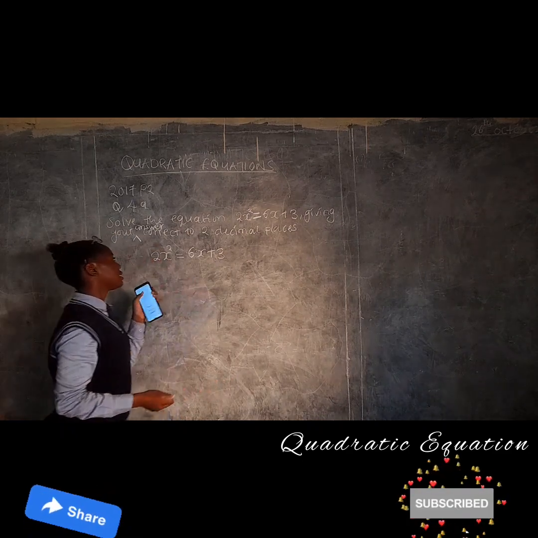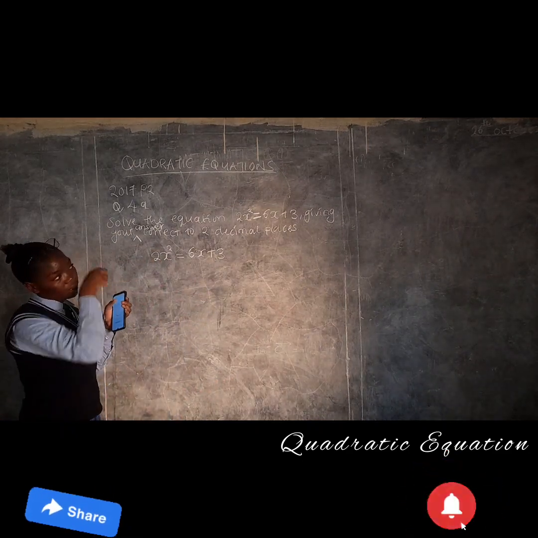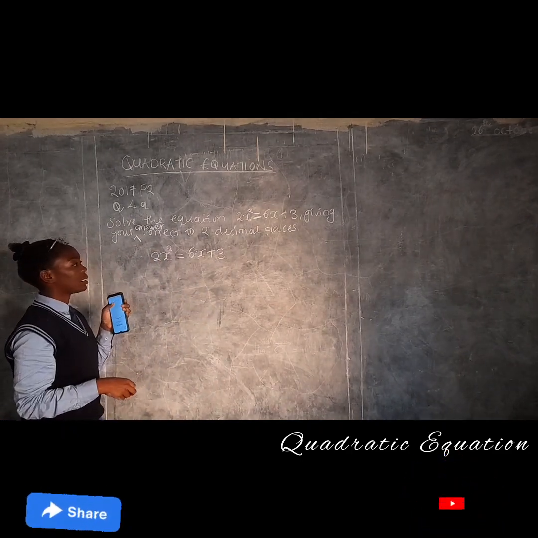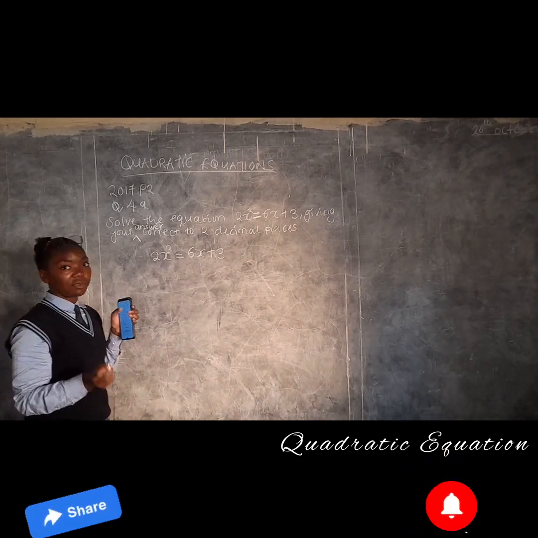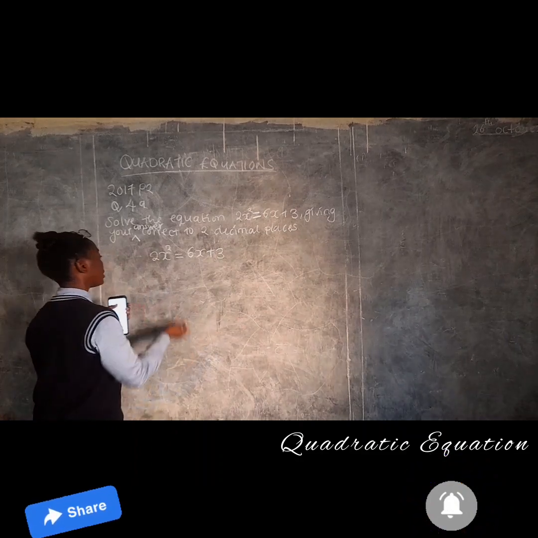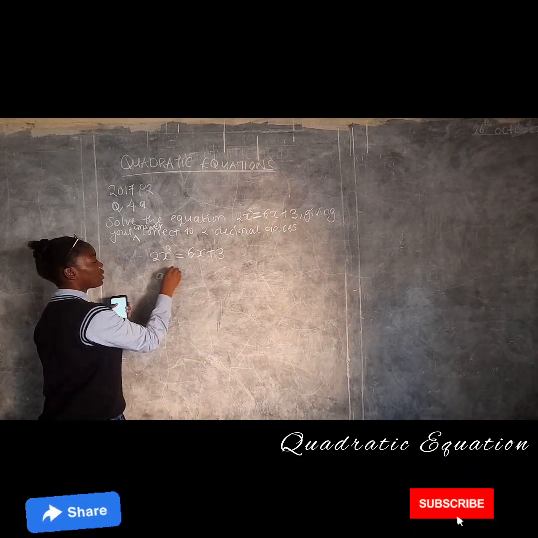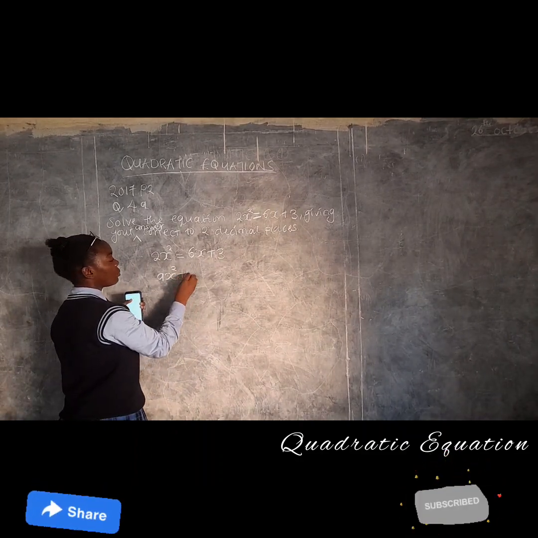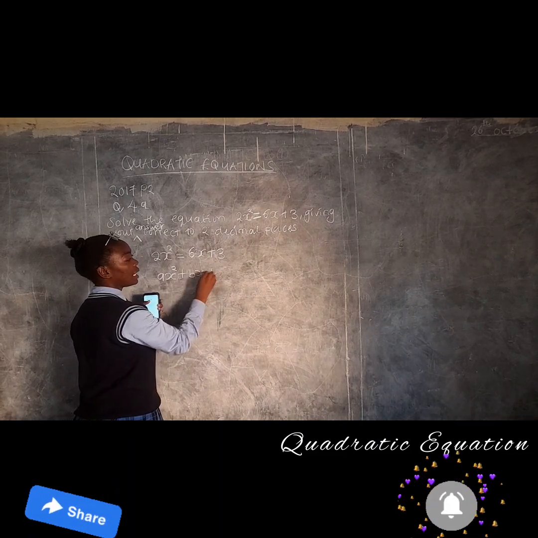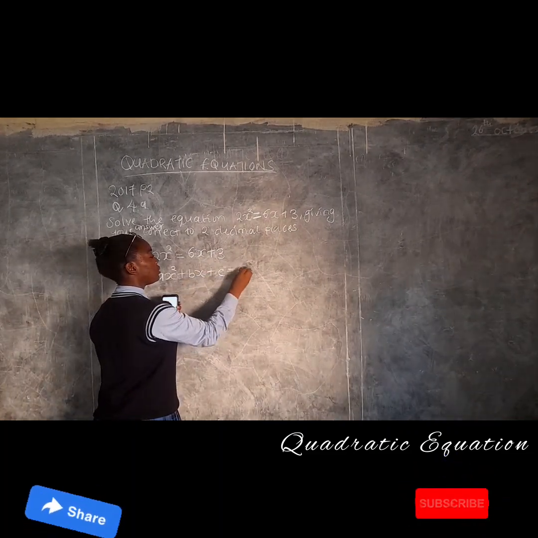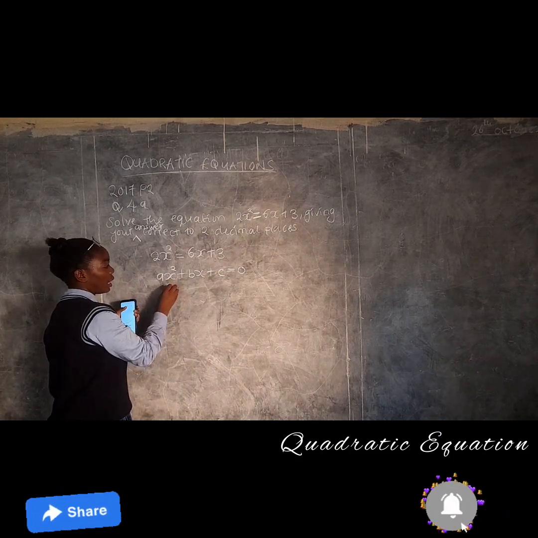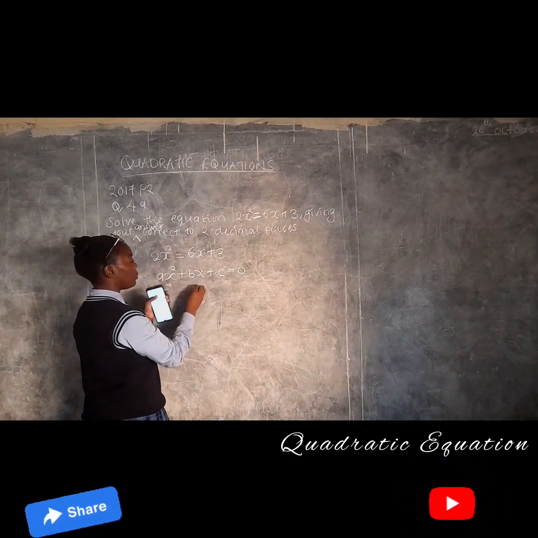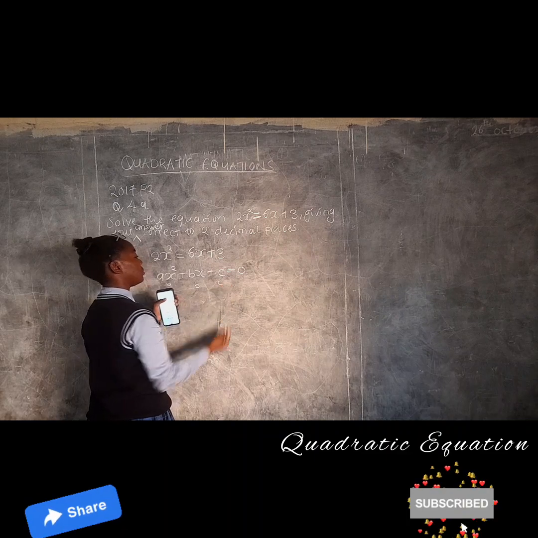So looking at this equation, it's not arranged properly, so we're supposed to arrange it. When arranging it, our formula is ax squared plus bx plus c is equal to 0. So ax squared is our a, bx is our b, and c is our c.